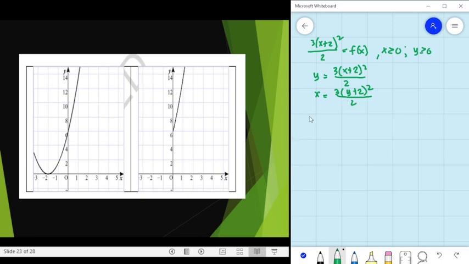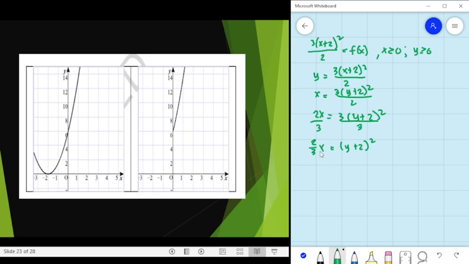So it becomes 2x is equal to 3 quantity y plus 2 squared. Then dividing both sides by 3, we can now have 2/3 of x is equal to quantity y plus 2.